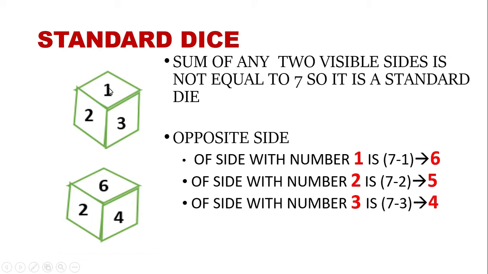For example, if you want to find out the opposite side of 1, 7 minus 1 is 6. Opposite side of 2 is 7 minus 2 is 5. Opposite side of 3 is 7 minus 3 is 4. Opposite side of 6 is 7 minus 6 is 1, like that. We will be easily identifying the answer if it is a standard die.